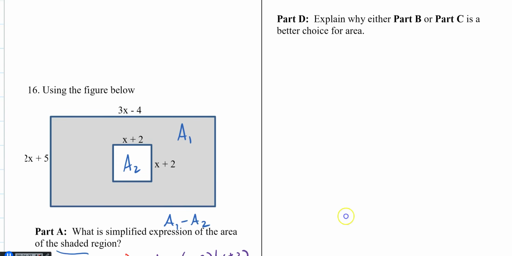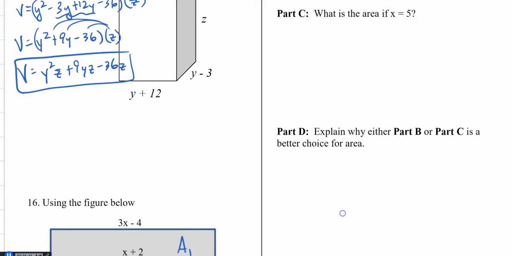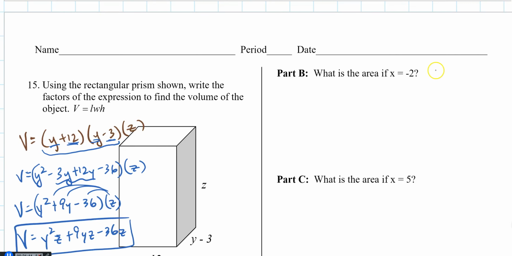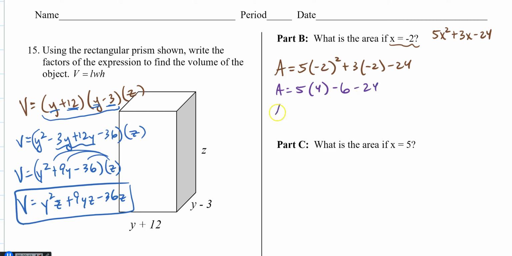Part B, what is the area if x equals negative 2? So we're going to take that answer, 5x squared plus 3x minus 24, and we're going to evaluate it when x is negative 2. So when we do that, we get 5 times negative 2 squared plus 3 times negative 2 minus 24. Order of operations, 5 times 4, because it's negative 2 squared, minus 6 minus 24.